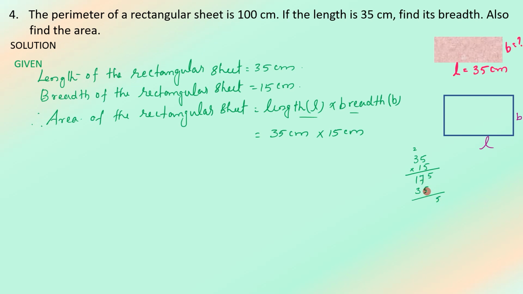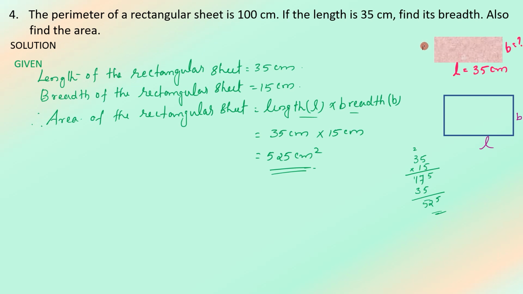Adding 5, 7 plus 5, 12. 1 plus 1, 2. 2 plus 3, 5. That is equal to 525, that much centimeter square.